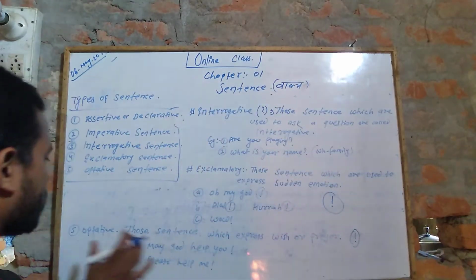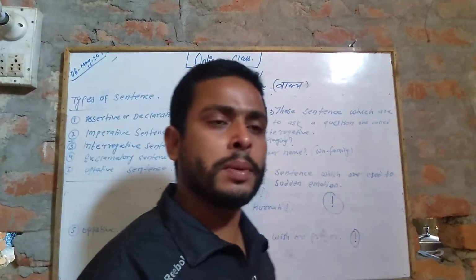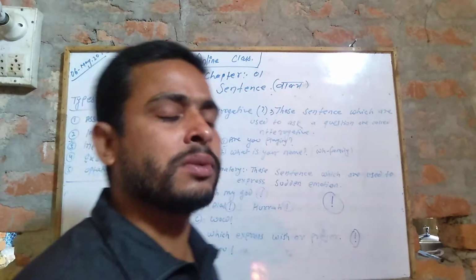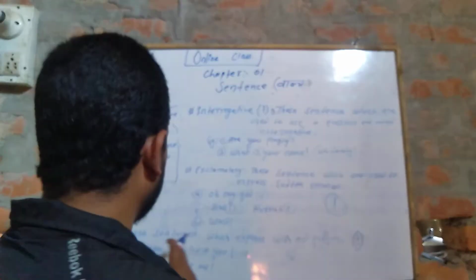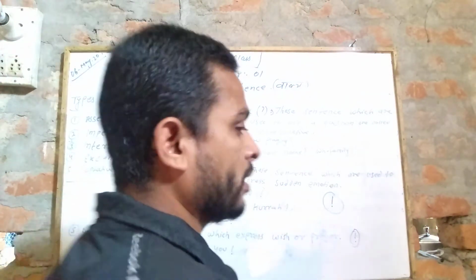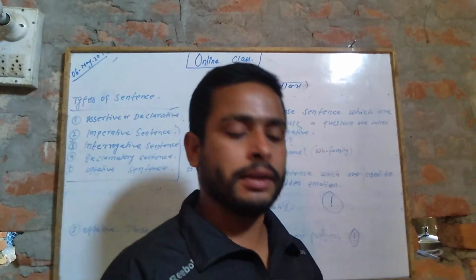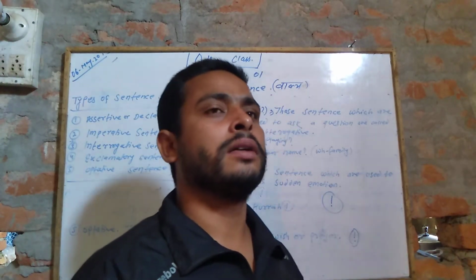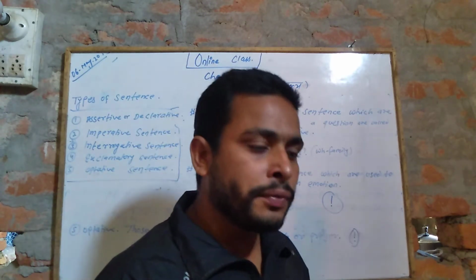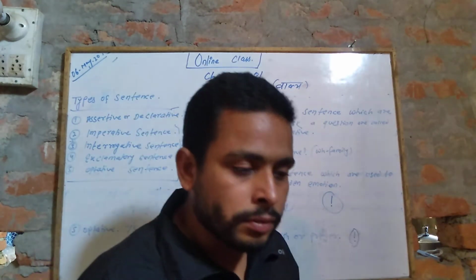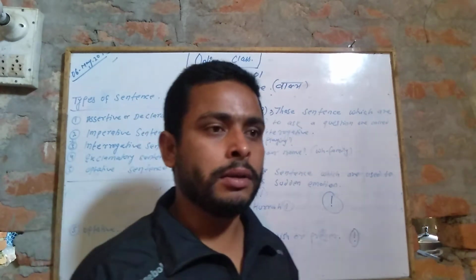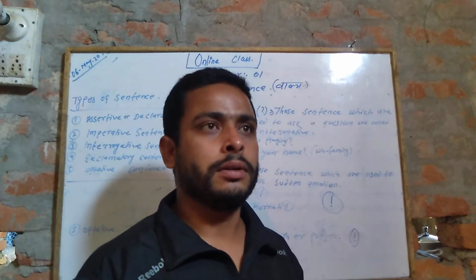After that, the optative is also the same kind of sentence. In some classes it is given in the first chapter, in some it is not, but you can remember it. A sentence which expresses a wish or prayer. God, please help me. If your bicycle or motorcycle has a puncture, you can say please help me. Please God, let me pass.